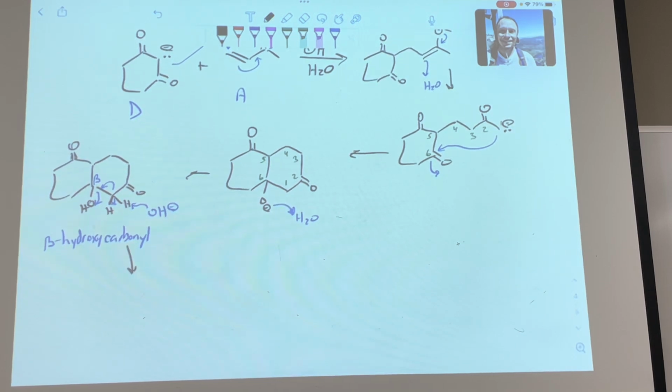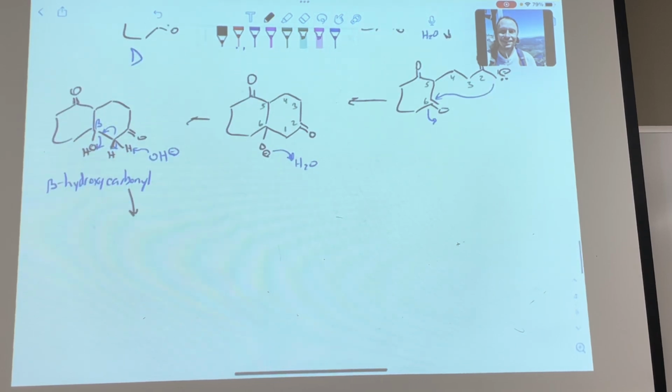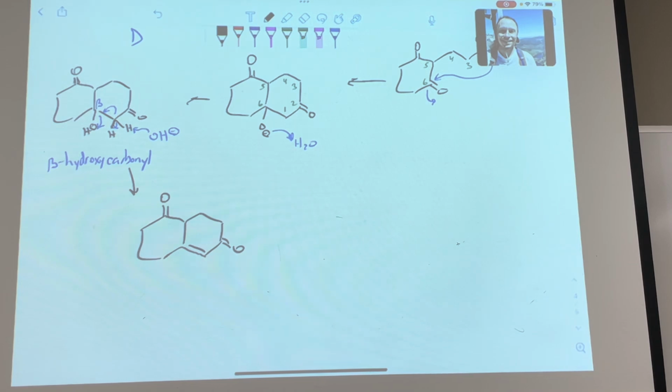And what you're left with is number one, a new ring, and number two, an alpha beta unsaturated carbonyl.